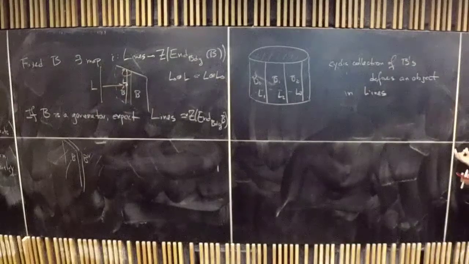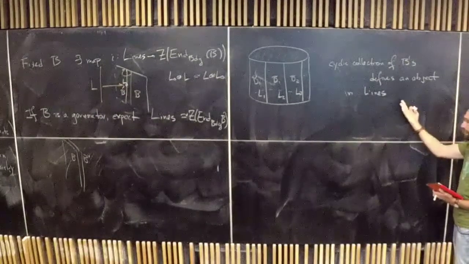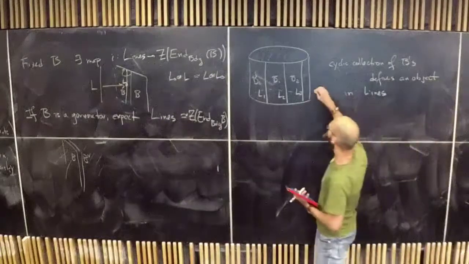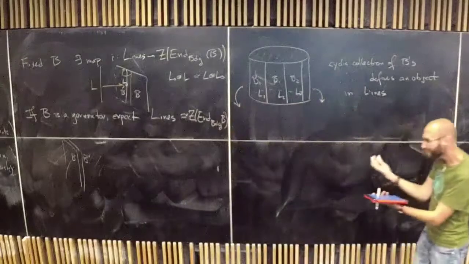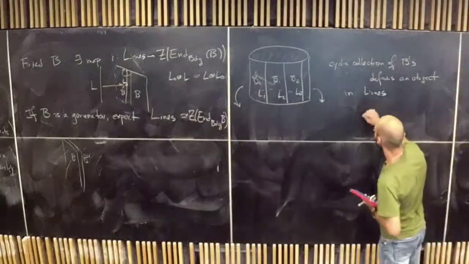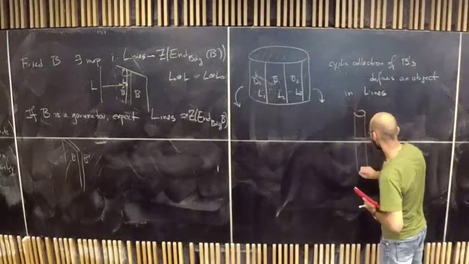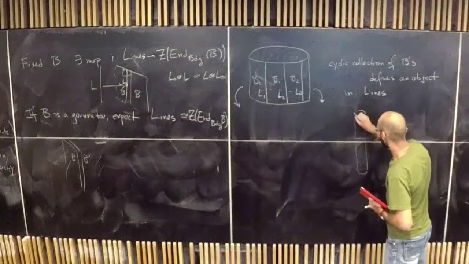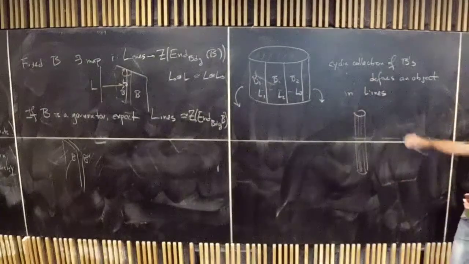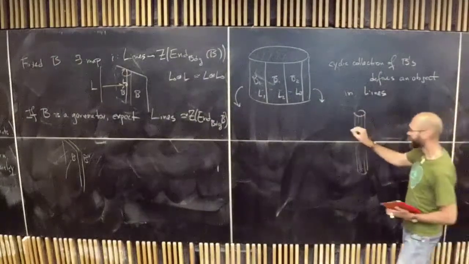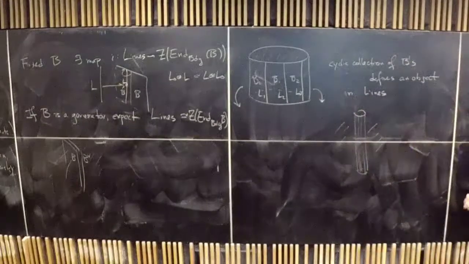I can invert this entire picture, and just in terms of pictures, why you would expect this to happen is that if we invert everything and get a thin cylinder like this, with something empty on the inside and the 3D theory on the outside, this looks like a line.